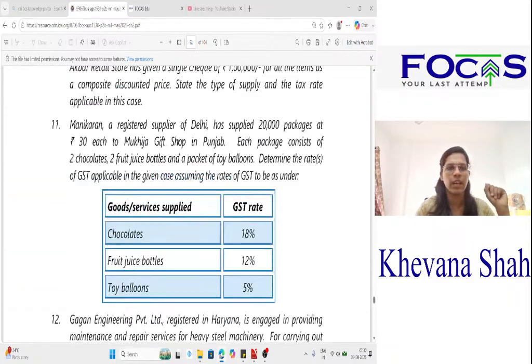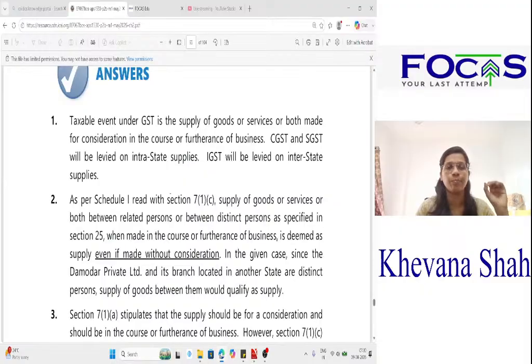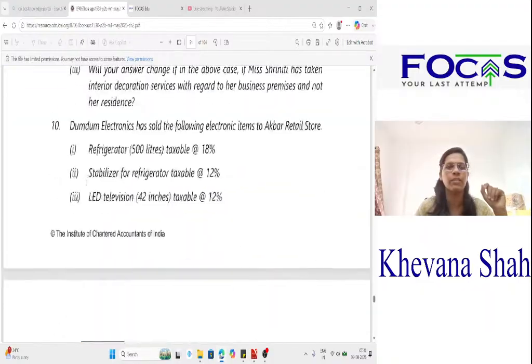So let's see the answer. See, as I explained to you, taxable event under GST is the supply of goods or services or both made for consideration in the course or furtherance of business. CGST and SGST will be levied on intrastate supplies and IGST will be levied on interstate supplies.